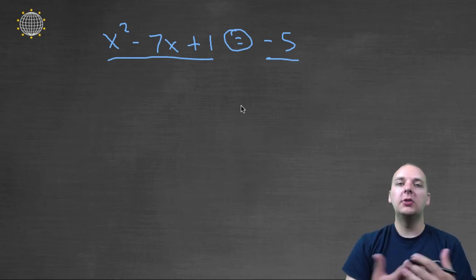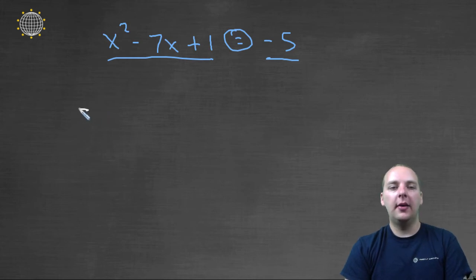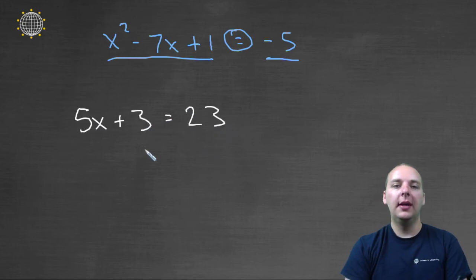And so if you're trying to solve the equation, you're looking for the x's that will make the equation true. Let's look at another example. Let's say we had something like 5x plus 3 equals 23. Again, this is an equation because we have one expression set equal to another.